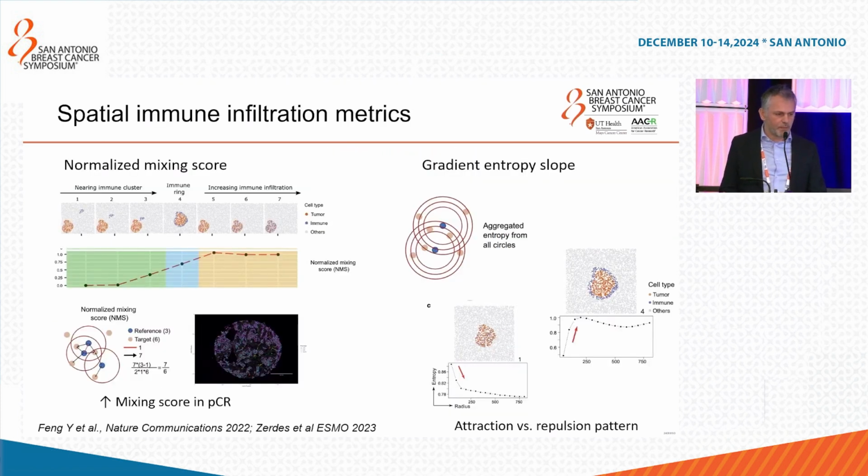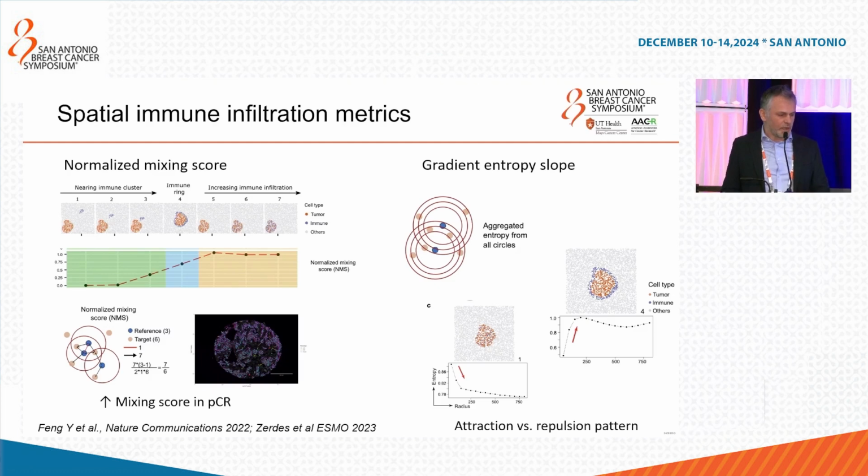Of course, producing spatial immune infiltration metrics is not totally novel, and I would like to show this very interesting publication by Dr. Feng and colleagues that came out a couple of years ago in Nature.com, and the researchers here produced two different metrics, the normalized mixing score and the gradient entropy slope, both of them essentially showing us whether the immune cells infiltrate the tumor or are separated from the tumor.